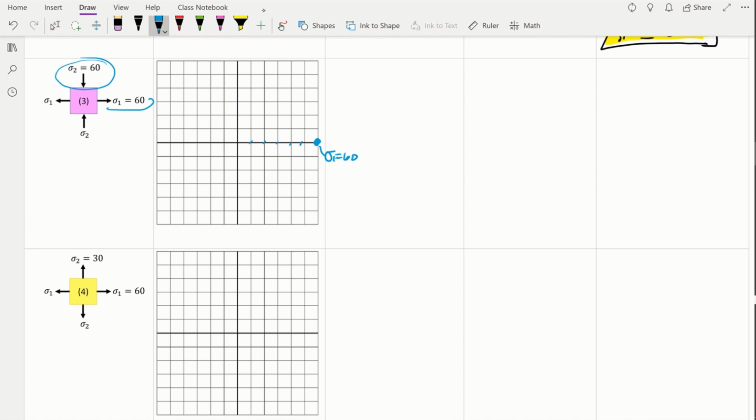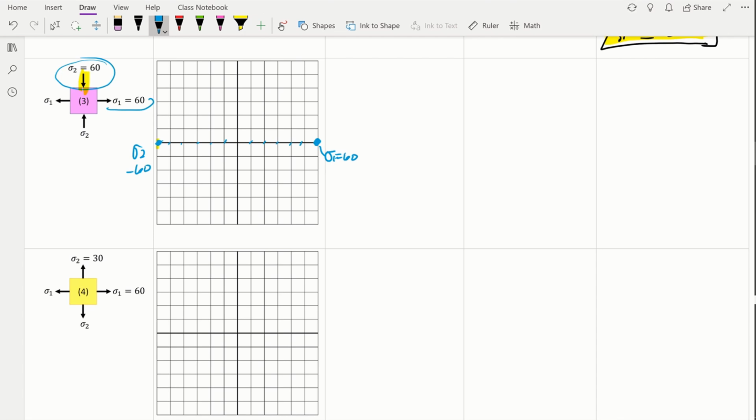They don't tell us it's a negative number, but by looking at the direction of this arrow, we see that it's compression. So this will take it to minus 60: 10, 20, 30, 40, 50, 60. This is sigma 2, and it's a minus 60.